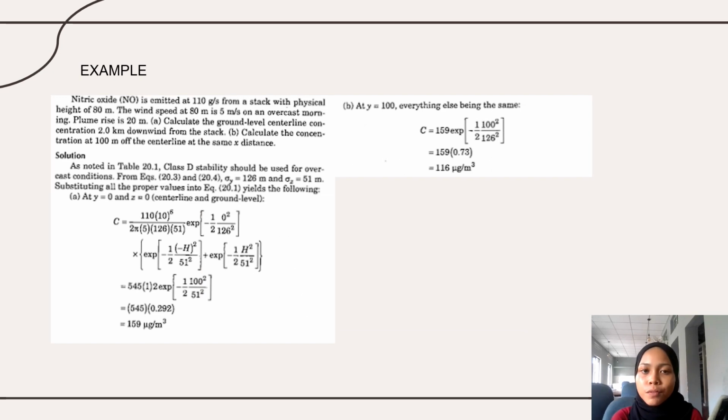Next, this is one of the examples in the book to calculate the ground level concentration using the Gaussian model equation and the coefficient graph.